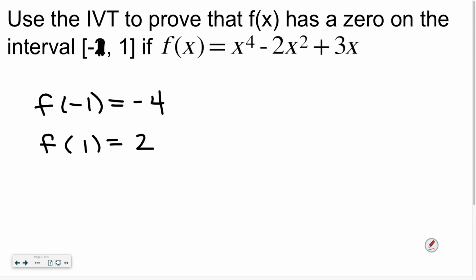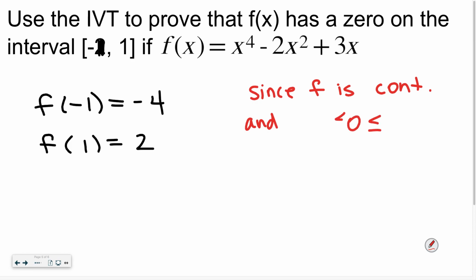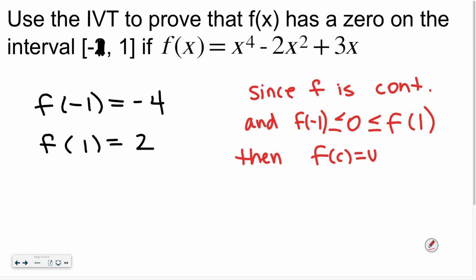So, since f is continuous, and 0 is in between f of -1 and f of 1, then what? f of c has to equal 0 somewhere on the interval, right?